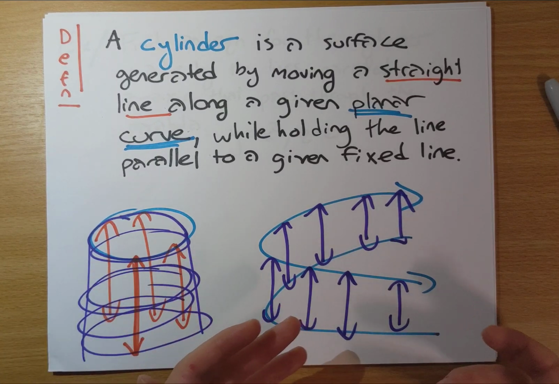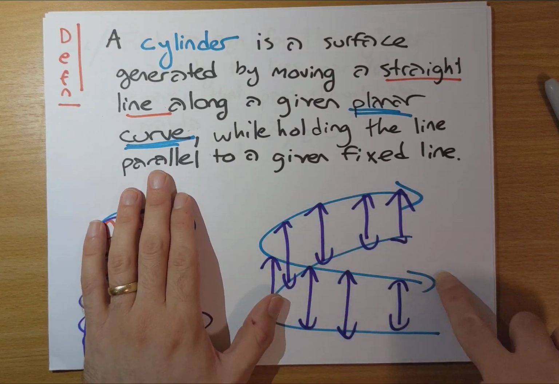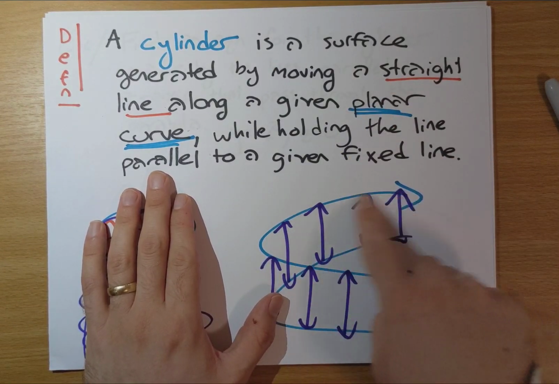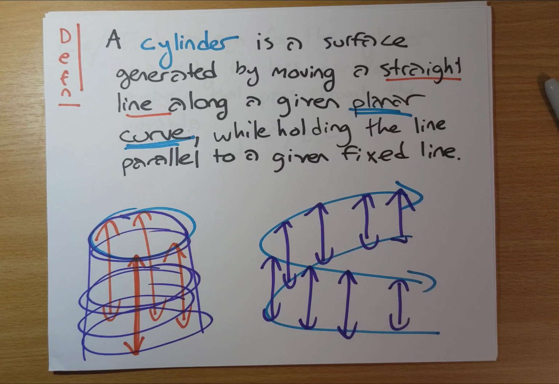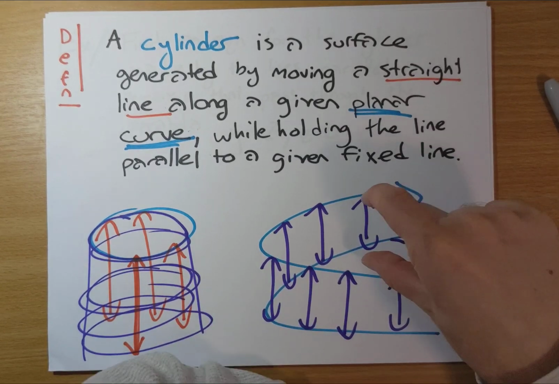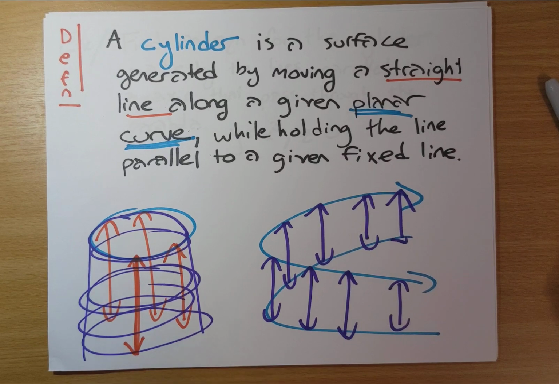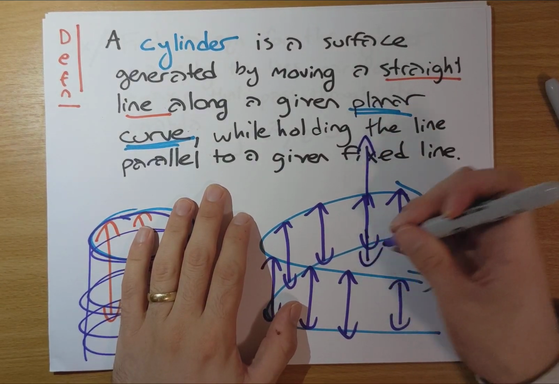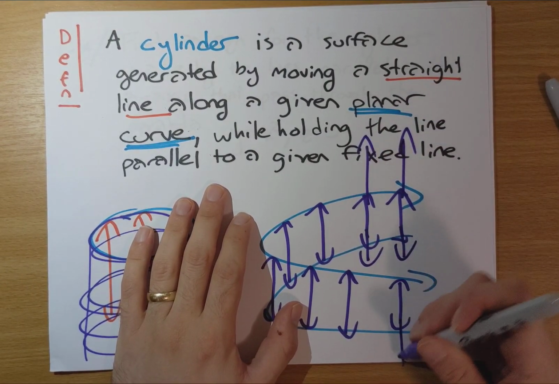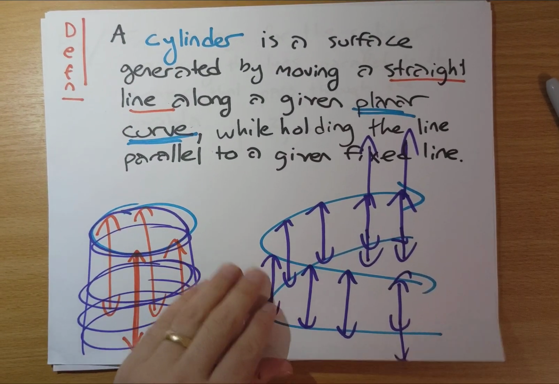Here's an example of a cylinder where the planar curve is different than a circle. And there's nothing to stop us from making these lines go off forever in either direction. That is also completely a-okay.